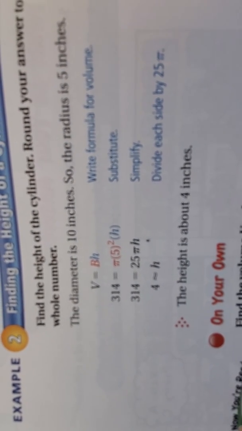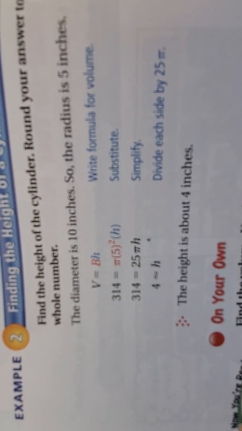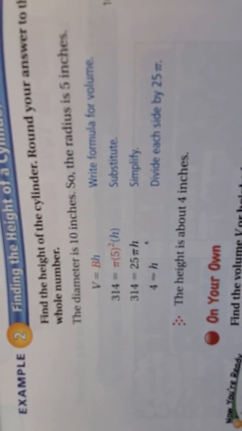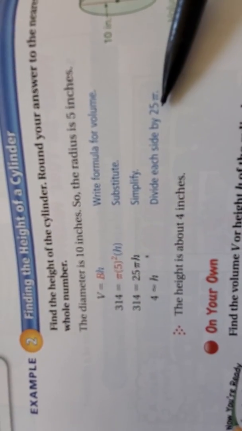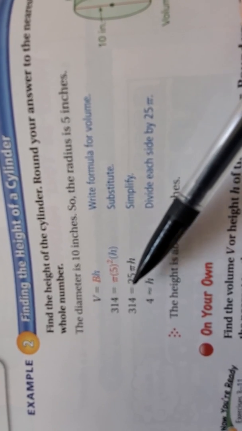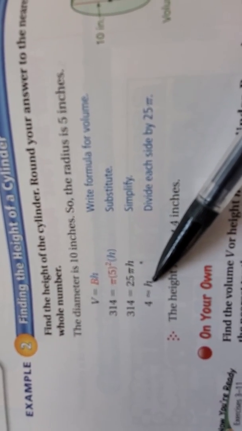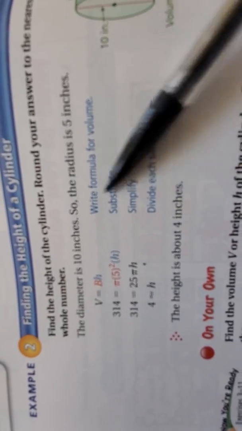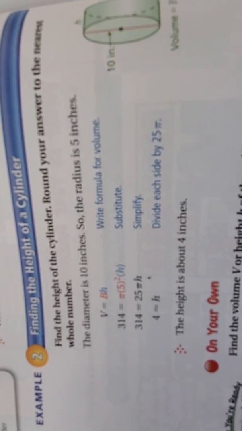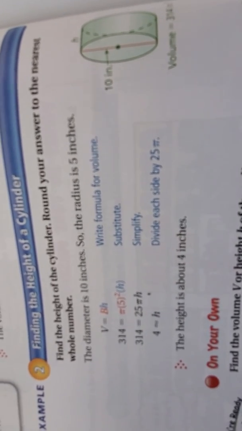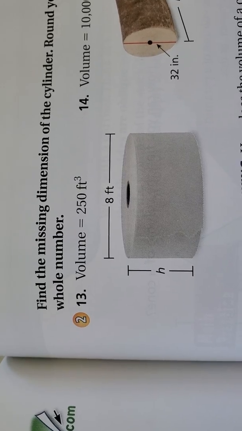If I take pi times 5 squared, I get 25 pi. And then it says that you're dividing each side by 25 pi. When you divide each side by 25 pi, as it says right here, 314 divided by 25 pi is going to be around 4. The height is 4 inches. You have to round that because it wants you to round to the nearest whole number. I would look at this one before you look at number 13 that was part of the homework.